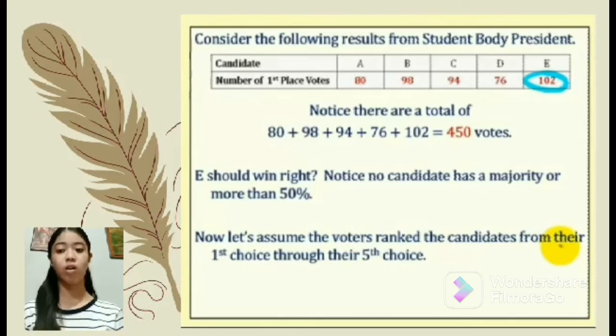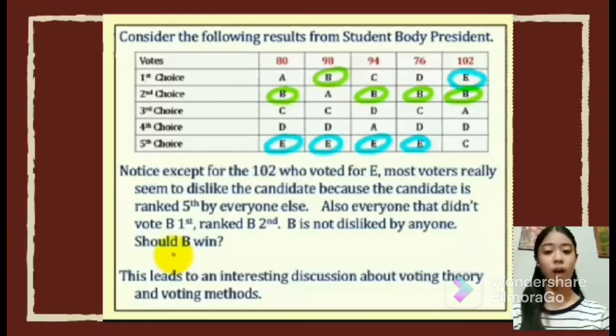There are a total of 450 votes. Notice that no candidate has a majority, more than 50%. Now, let's assume the voters rank the candidates from their first choice through their fifth choice.